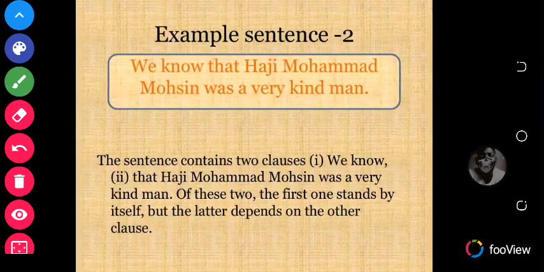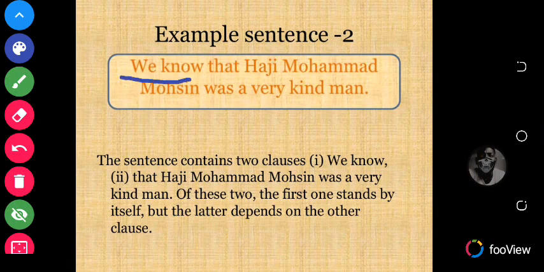The sentence contains two clauses. The first clause is we know, and the second clause is that Hajj Muhammad Mohsin was a very kind man. Of these two, the first one stands by itself, but the latter depends on the other clause.